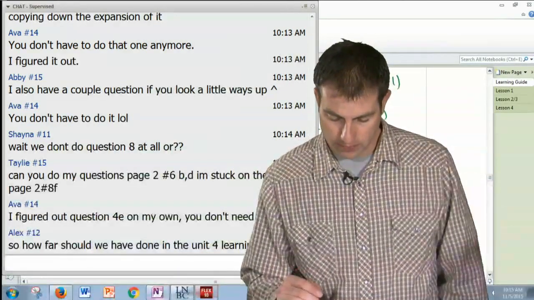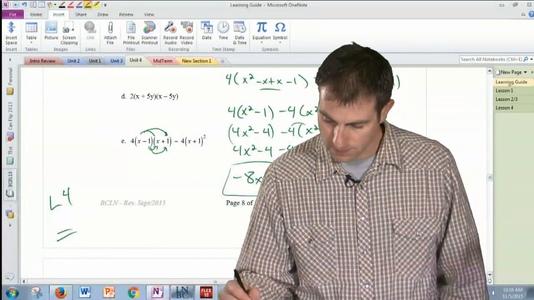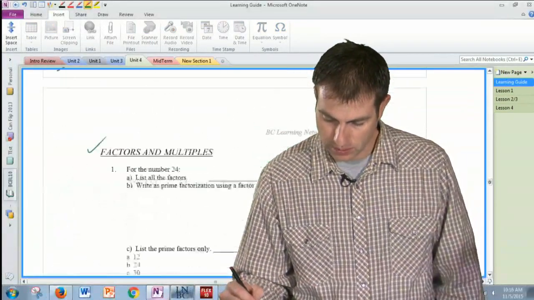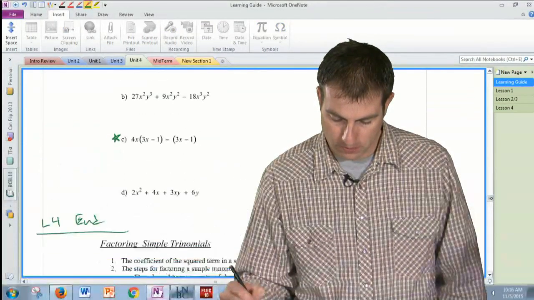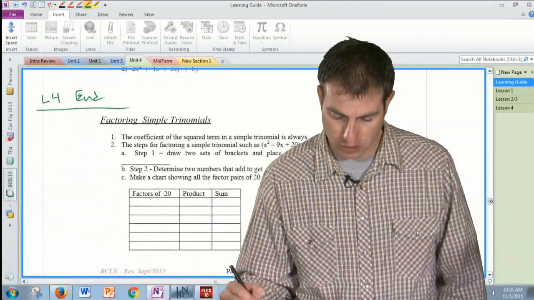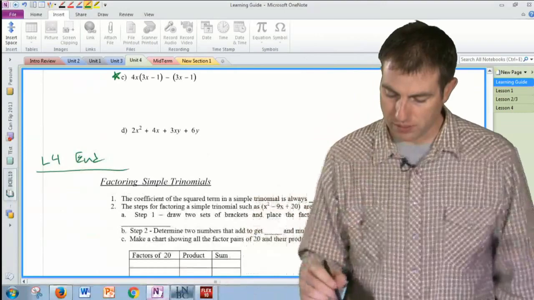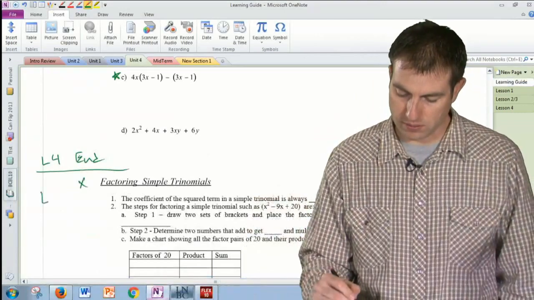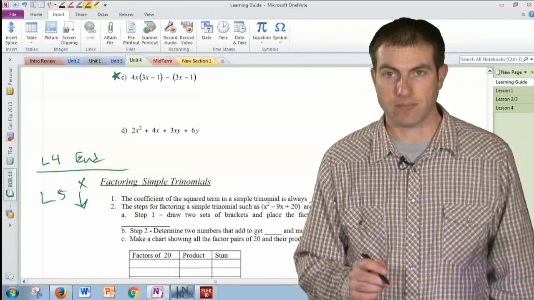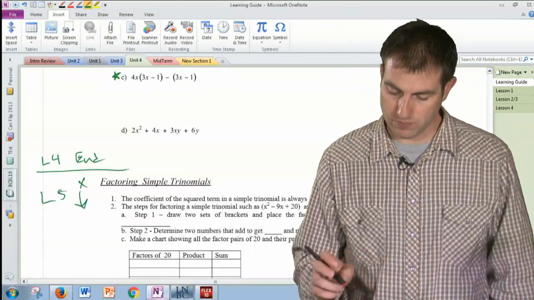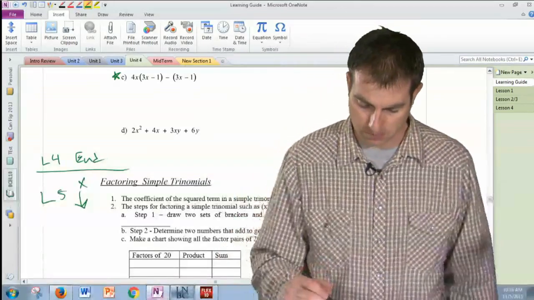Unit 4 learning guide. Did I not just mention how far we should be in the Unit 4 learning guide? You should be up to factoring simple trinomials, page 10. So just before page 10, the end of page 10. So you don't have to do this stuff yet. This is lesson 5, which we haven't done. Okay, so we're not there yet. I think that might be why you're a bit confused on it, possibly.